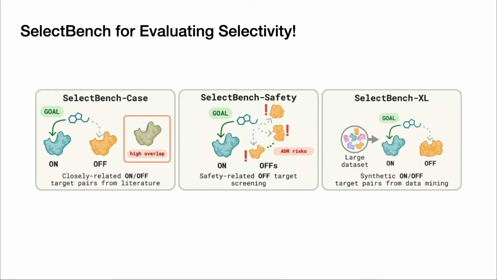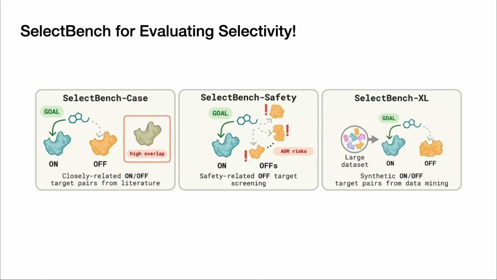So we want to bind to the on target, and we don't want to bind to the off target. These consist of 3 different benchmarks. First is the case-based SelectBench. It's just important cases of on targets and off targets known from the literature. The safety benchmark is provided by some regulatory institutions on clinical trials.